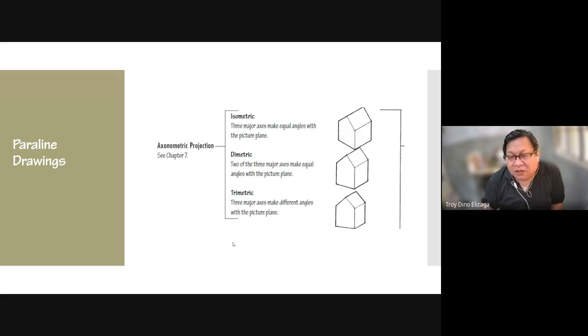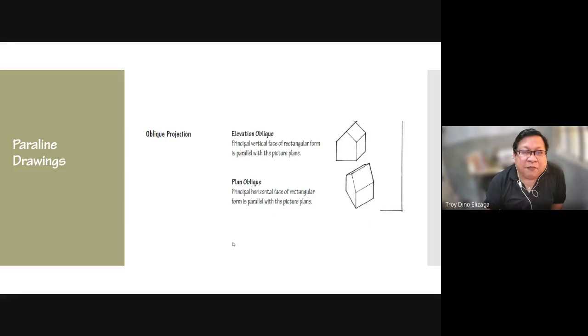I'm sure a lot of you have probably heard dimetric and trimetric for the first time because it's not as popular as isometric. The other way of projecting is called oblique projection. And there are two types, elevation oblique and plan oblique. So this oblique projection and axonometric projection will be discussed in this session.